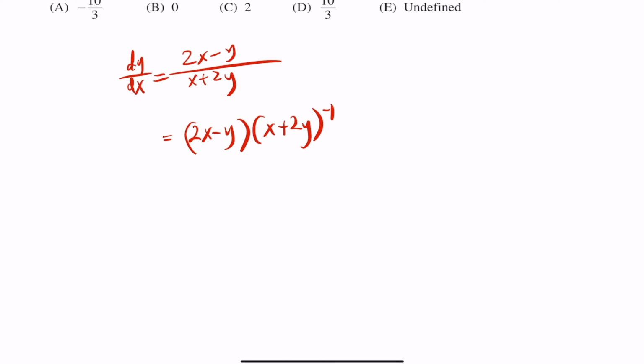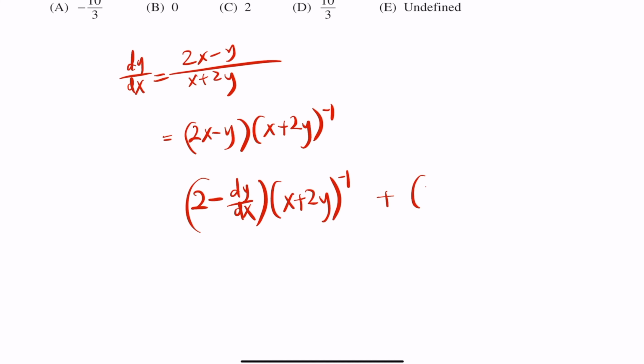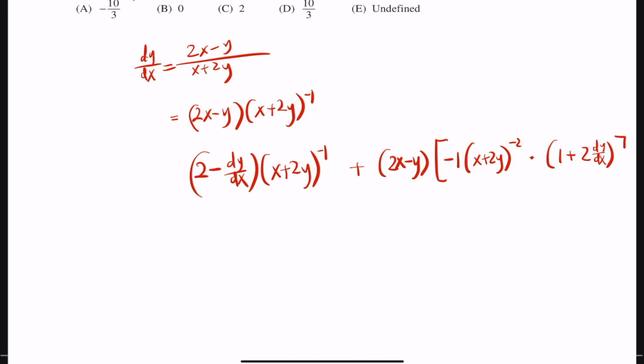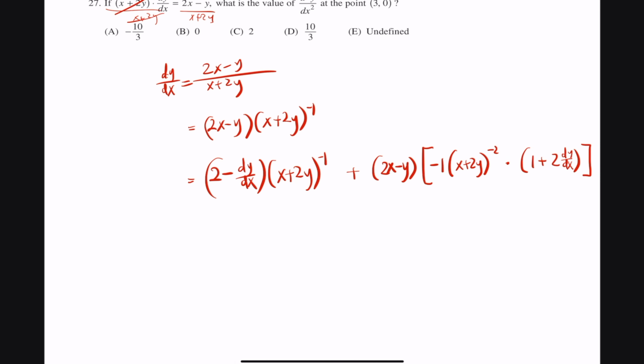That's going to be the derivative of the first, which is 2 - dy/dx, times (x + 2y) to the -1, plus (2x - y) times -1 (x + 2y) to the -2, times (1 + 2 dy/dx). I understand this looks pretty nasty, but it's not as bad as it looks, because all you have to do is plug in the values once we have this.